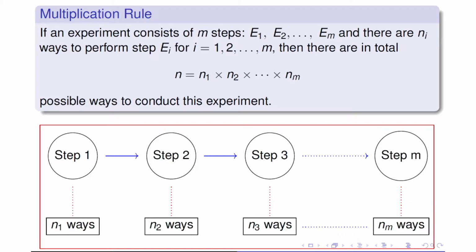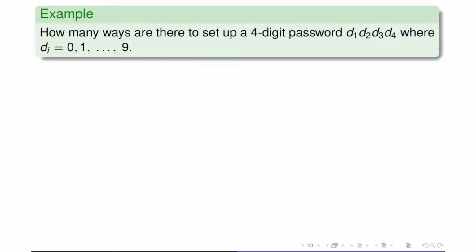Now let's give a simple example. How many ways are there to set up a 4-digit password D1, D2, D3, D4, where each Di can be an integer from 0 to 9?